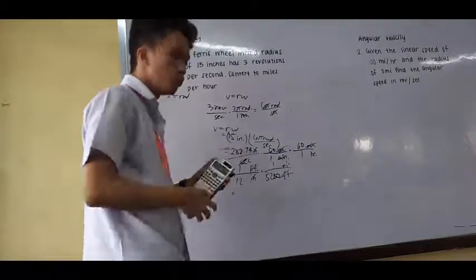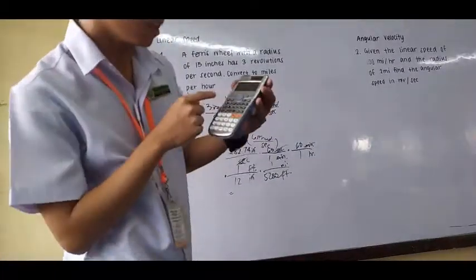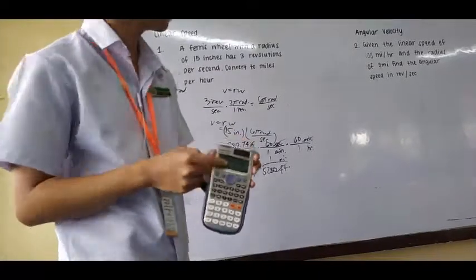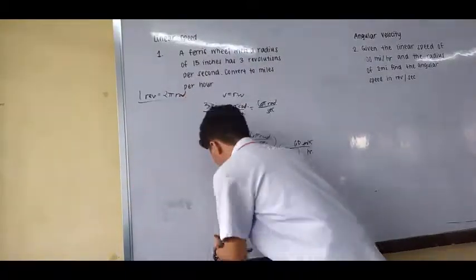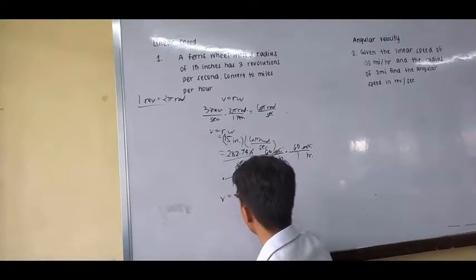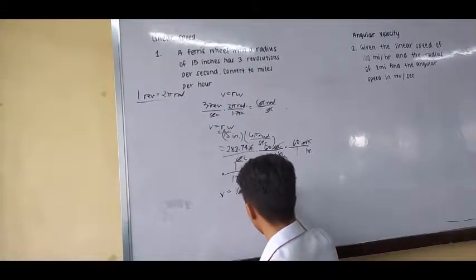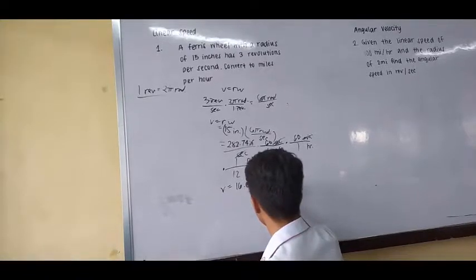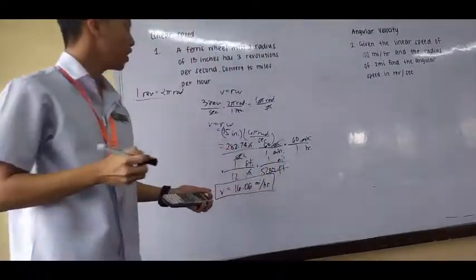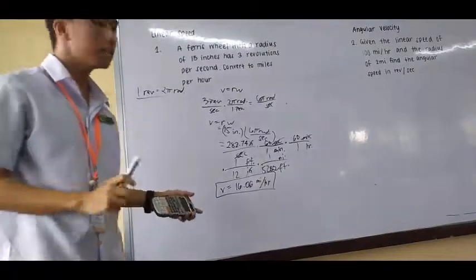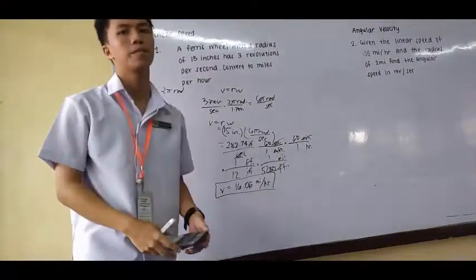Eventually, we arrived at a linear velocity of 16.06 miles per hour. So our final linear velocity is 16.06 miles per hour.